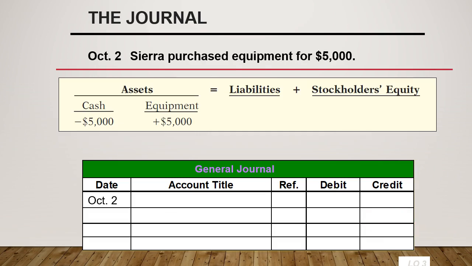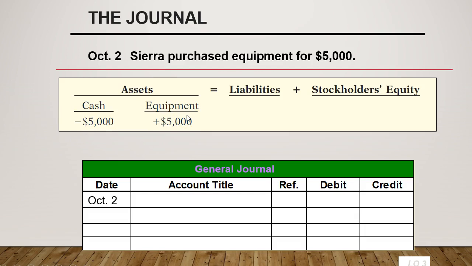Want some more? Got some more for you. We purchased equipment for $5,000. So the first step is always to analyze the transaction to determine which accounts are involved. It will involve cash and equipment, which are both asset accounts.